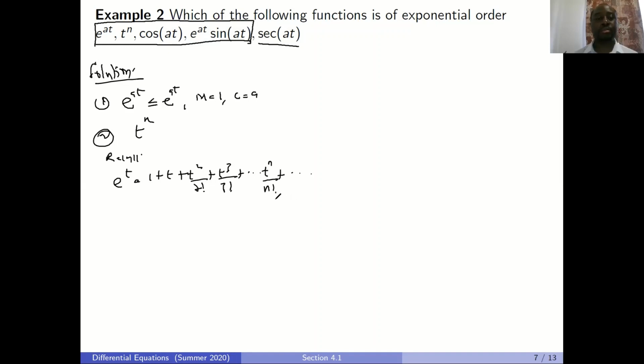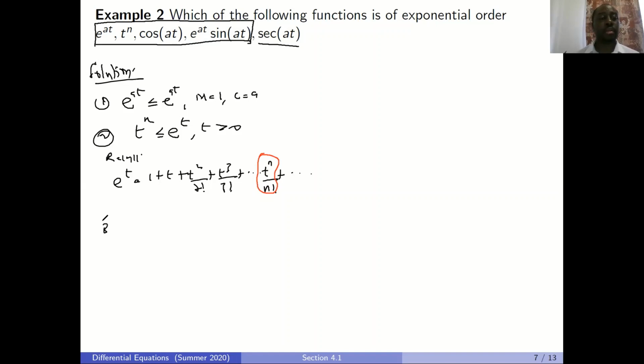And so clearly t to the n, which is just one of the terms in the Maclaurin series of the exponential function, is going to be smaller than e to the t for all t. And since it is bounded above by some exponential function, we know that it is of exponential order. Exponential function with a positive growth rate.